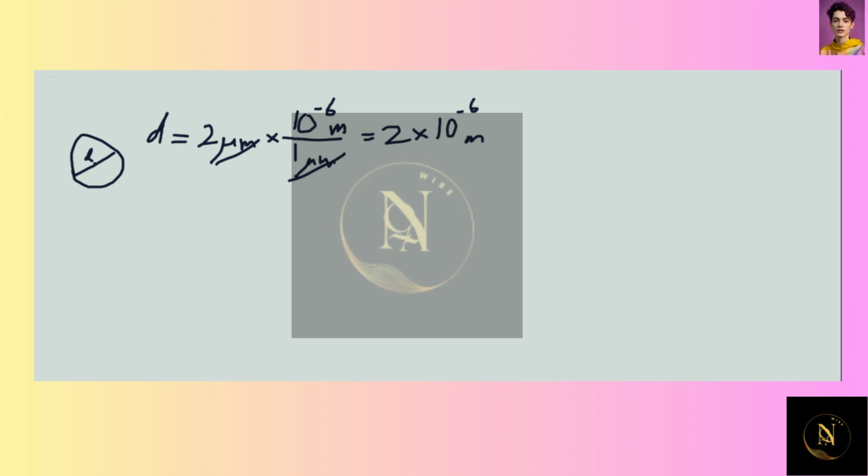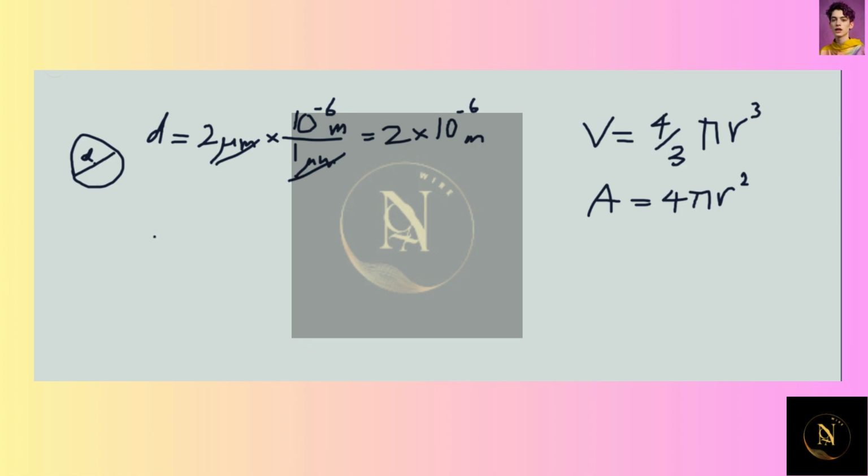Now, the formulas that we have for the volume of a sphere, which is 4 thirds pi r cubed, and surface area, which is 4 pi r squared, are given for the radius of a sphere.